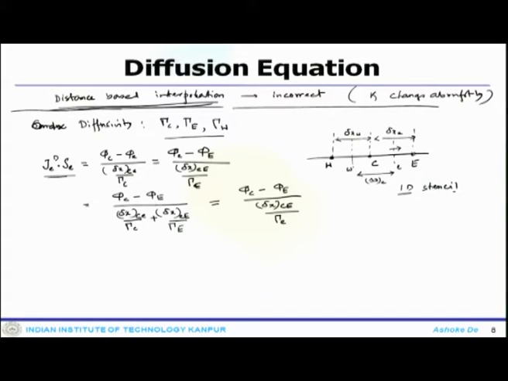Or equivalently, one can write the slope of phi at this face E minus the cell center value at E, but in that case the distance used is e to capital E, by gamma of this cell.